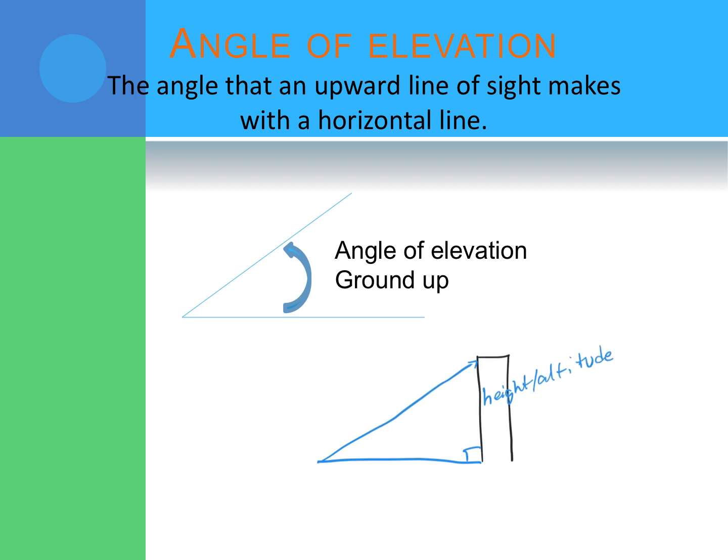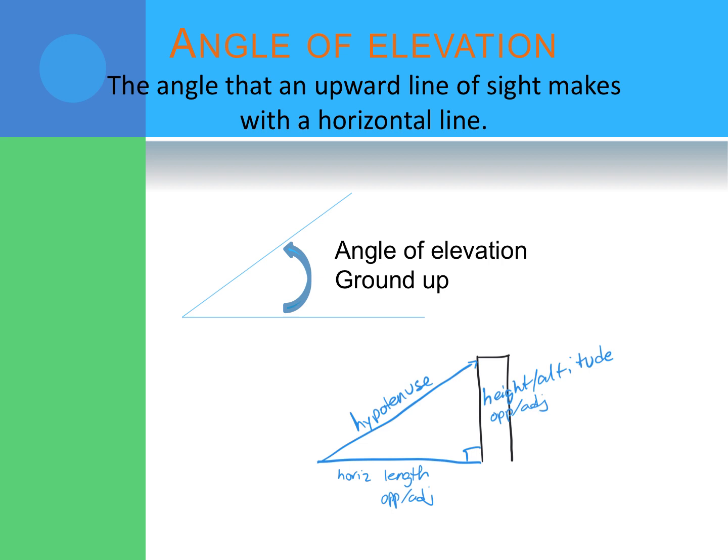This is a horizontal length, and this is your hypotenuse. This is going to be either your opposite or your adjacent, depending on the angle we're talking about, and this is also going to be your opposite side or your adjacent side.